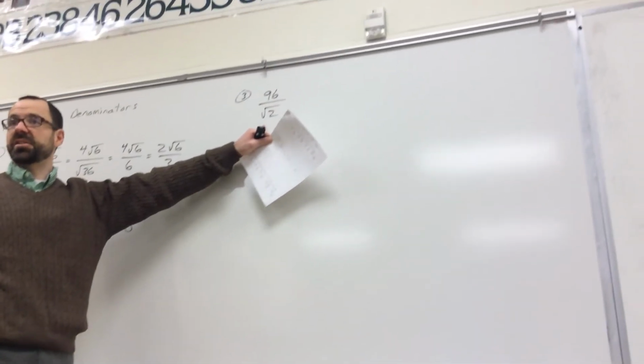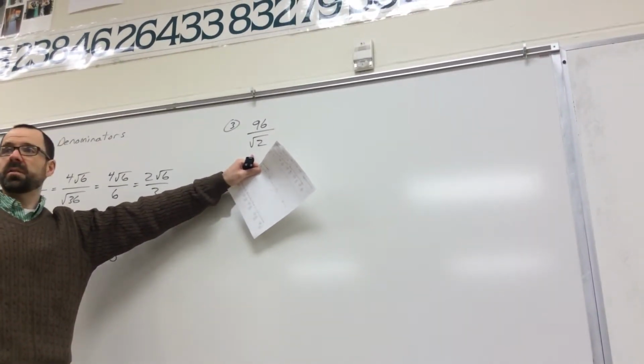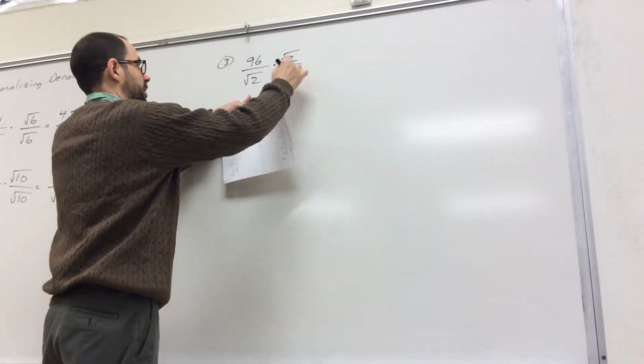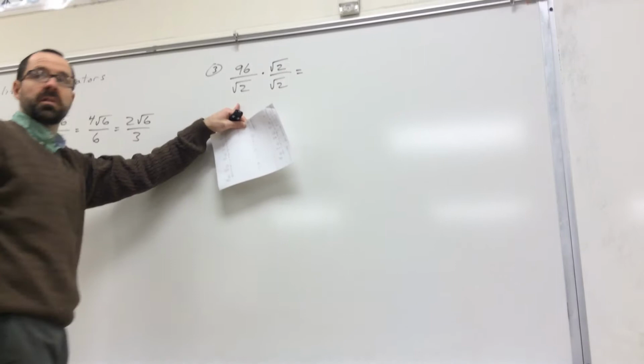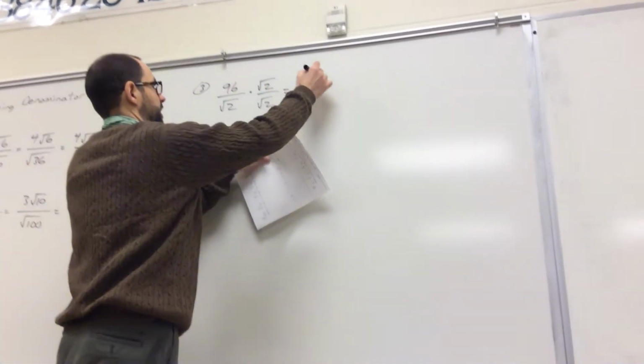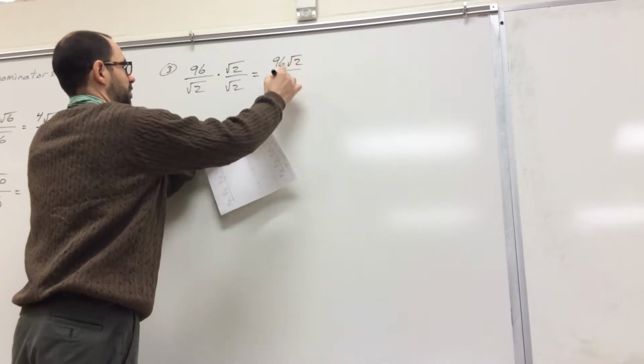All right, now we've got 96 over root 2. So we're going to multiply by root 2 over root 2. So that comes out to 96 root 2 over root 4.